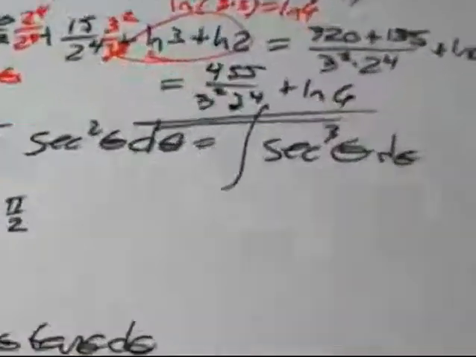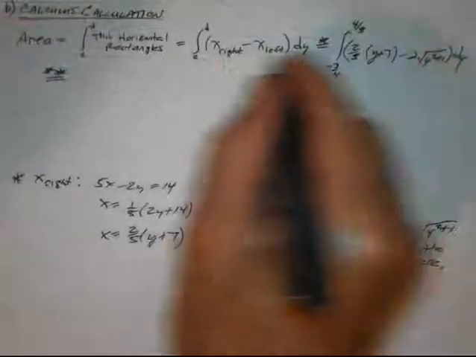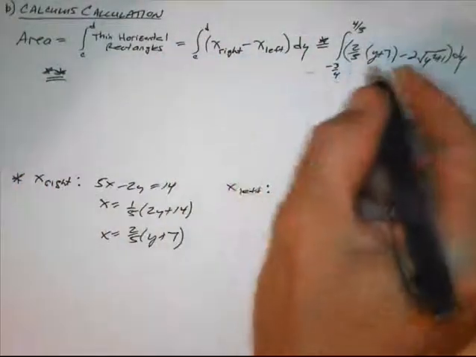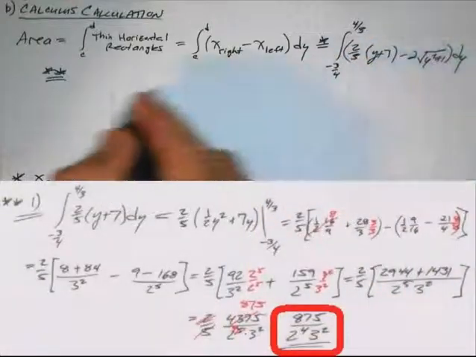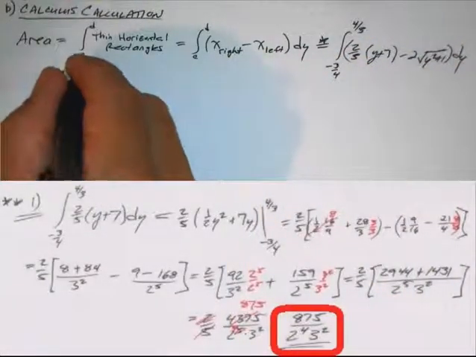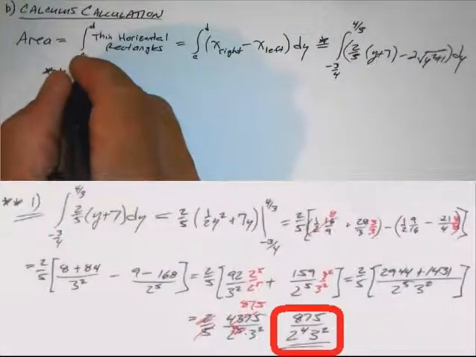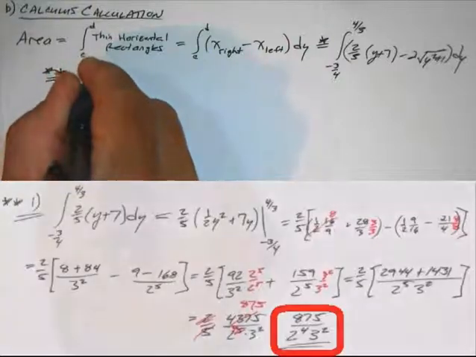Okay, and there's our second result that we need. It's time to bring back both these subcalculations to the main equation line. So here, the result of our first definite integral was 875 over 2 to the 4th 3 squared.